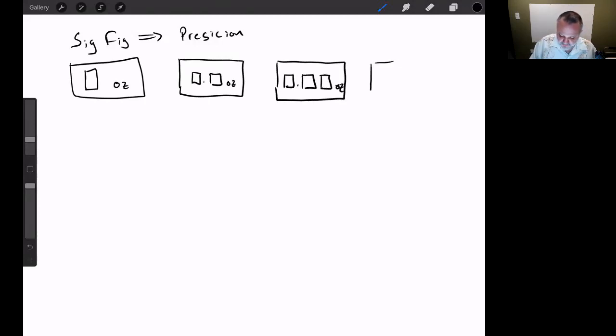And yet another scale might have 4 digits. So in general, and this is a very overbroad generalization, when we see a measurement, the more digits that are reported, the more precise that measurement is compared to one with fewer digits reported. So that's where we're going real quick.